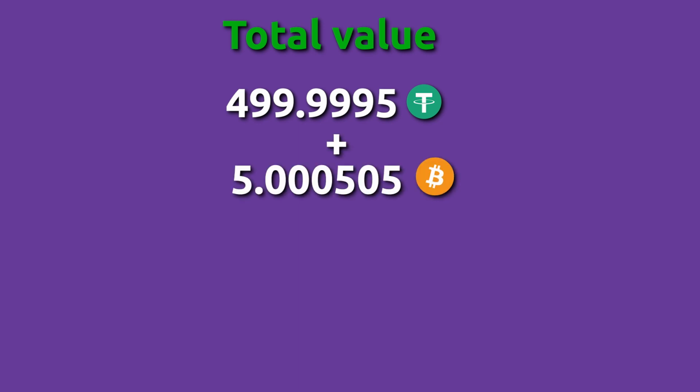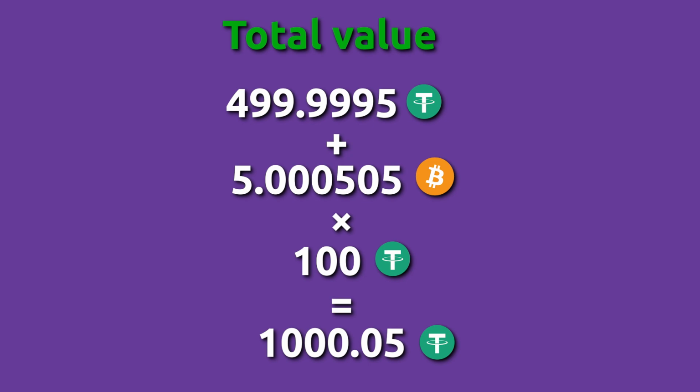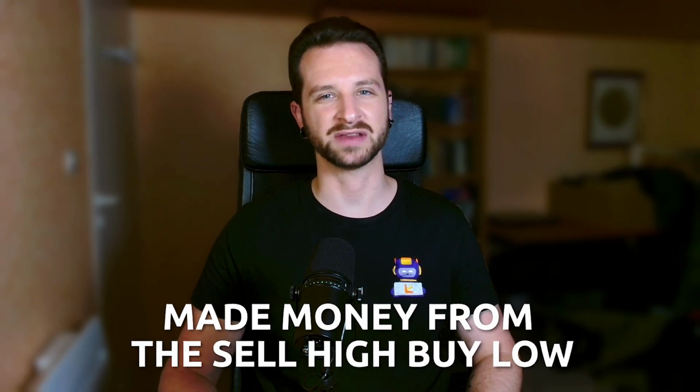Anyway, how much is this worth in total now? 499.9995 USDT plus 5.000505 BTC times 100 USDT, that's equal to 1,000.05 USDT. So we did make money as compared to our initial investment.